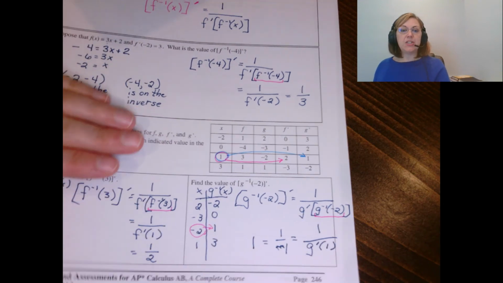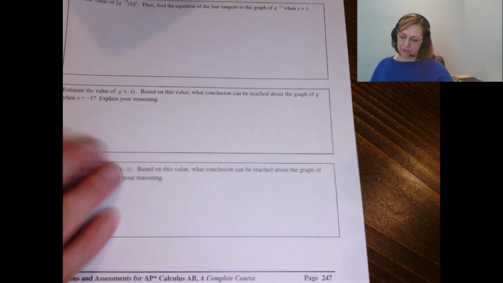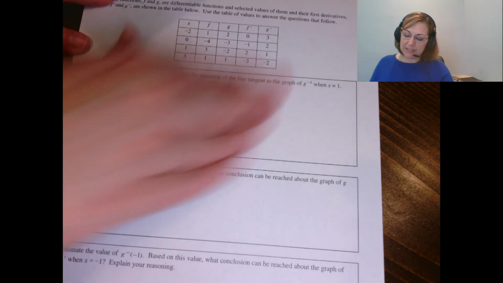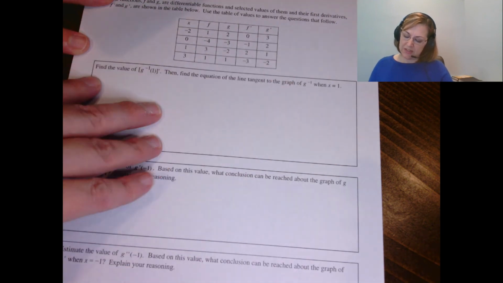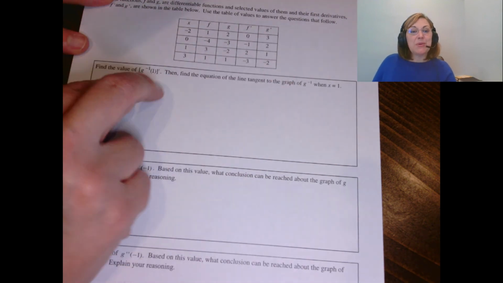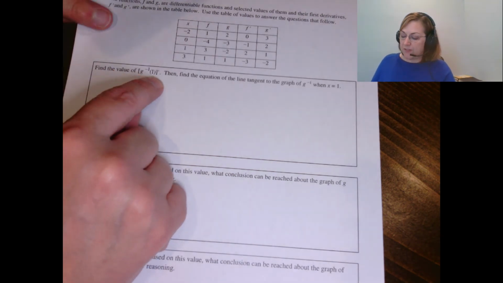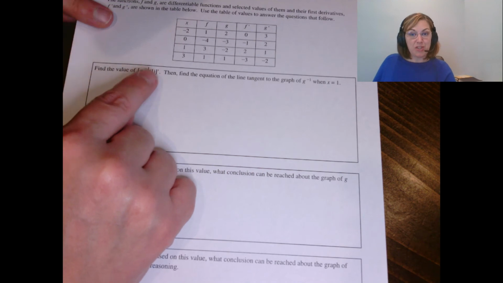Okay, let's use our last few examples to practice with. Got a nice chart again. Looks to be the same chart. So this time we're going to go a step further. We're going to find the derivative of the inverse of g of 1.